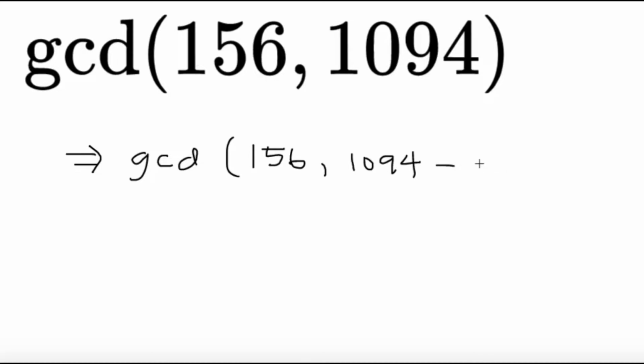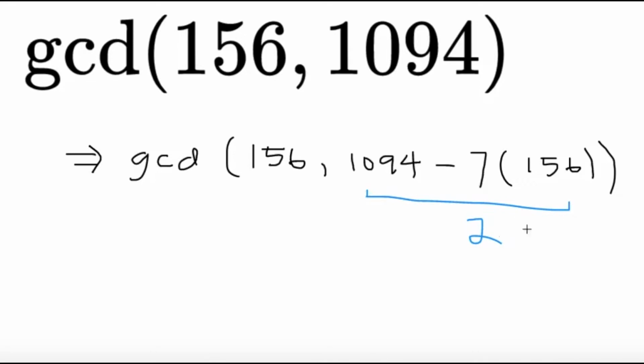In fact, I can do it a maximum of 7 times before the number becomes negative. So let's try to do that. I know that these two will be equal via the Euclidean algorithm. And what's nice about this is that this one evaluates to 2.